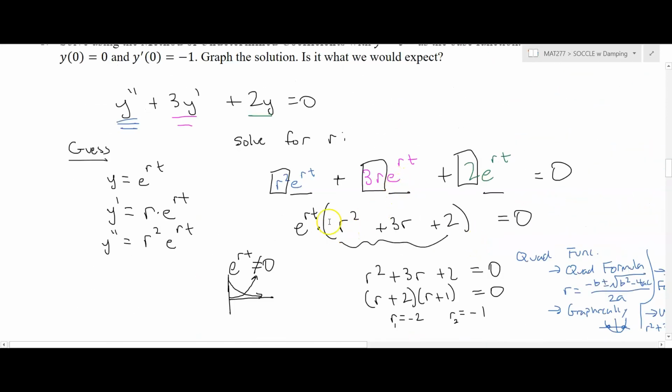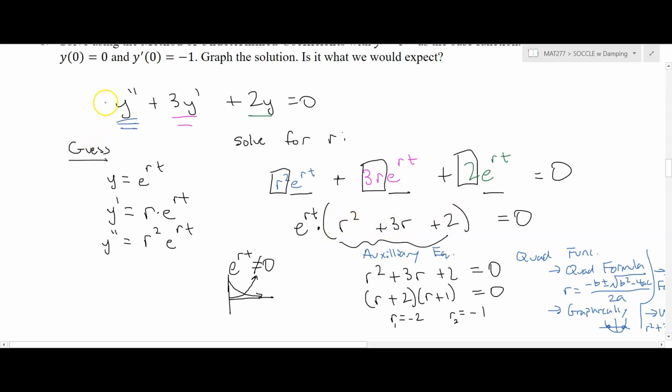One of the interesting things to note already is if you look at this equation here, which is often called the auxiliary equation. This is called the auxiliary equation because it's often just used to solve for something within the problem that's important. And this auxiliary equation, if you notice, its coefficients are 1, 3, 2.